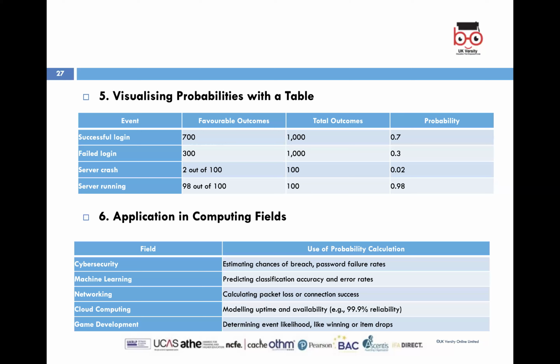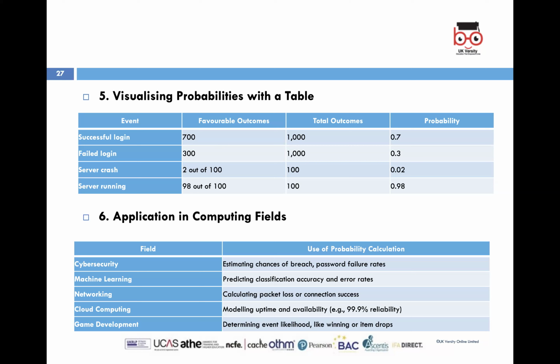Consequently, the opposite of successful login is failed login. 1,000 minus 700 equals 300, which is the favorable outcomes out of 1,000 again. This means the probability is 0.3. The crash is 2 out of 100 favorable outcomes, and the probability is 0.02. And server running is 98 out of 100, therefore the probability is 0.98.